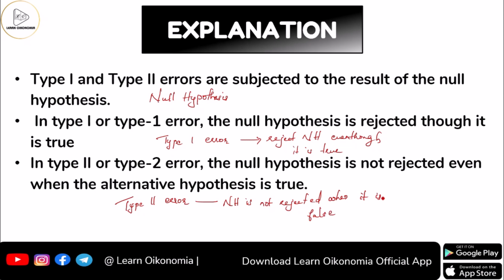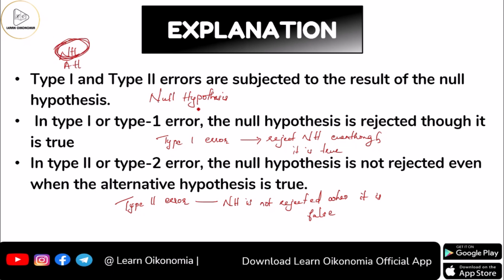So we do have two types of hypothesis, the null hypothesis and alternative hypothesis. So when it comes to the type 1 error and type 2 error, we are basically considering the null hypothesis because considering null hypothesis automatically implies considering alternative hypothesis as well. And for the very same reason, we are not representing the case of alternative hypothesis here. We will be expressing type 1 error and type 2 error in terms of null hypothesis.